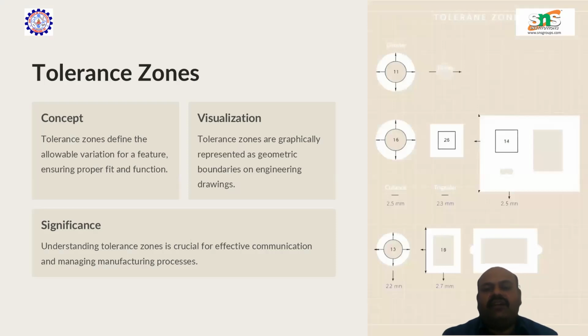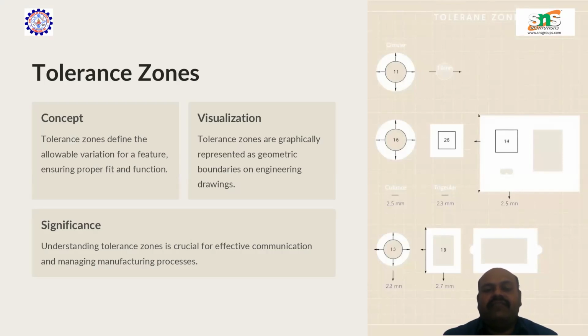So we have the tolerance zone: concept, visualization, and significance. The tolerance zone defines the allowable variation of a feature, ensuring proper fit and function. Coming to fits, we have three kinds: interference fit, transition fit, and clearance fit.